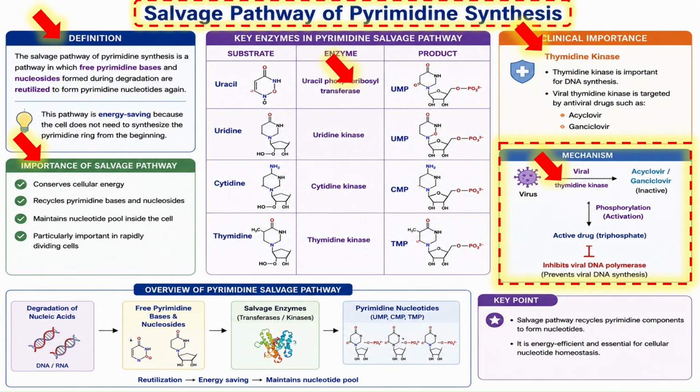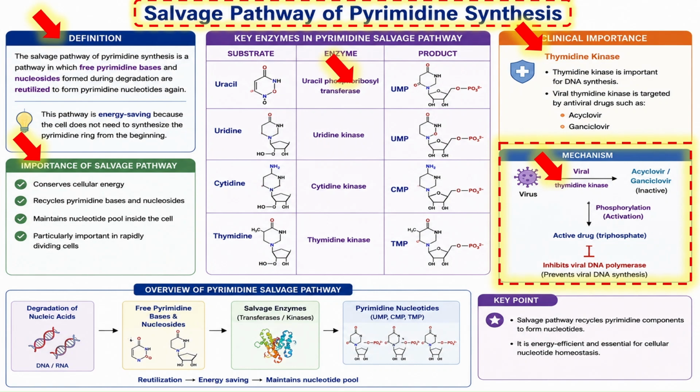These drugs are initially administered in an inactive form. As you can see there, they are in the inactive form, and therefore they cannot inhibit the viral replication on their own. But later on, the viral thymidine kinase first adds one phosphate group to the drug, after which the host cell enzymes add two additional phosphate groups, converting the drugs into their active triphosphate forms, that is acyclovir triphosphate or ganciclovir triphosphate.